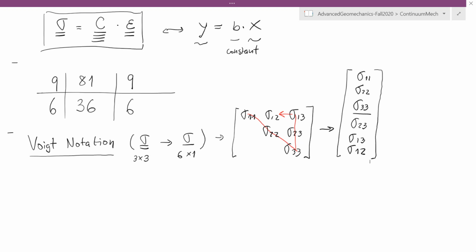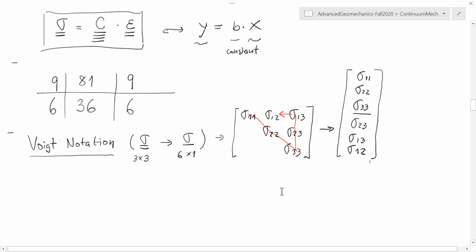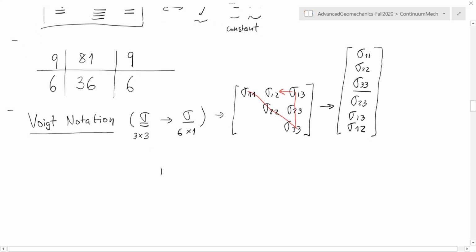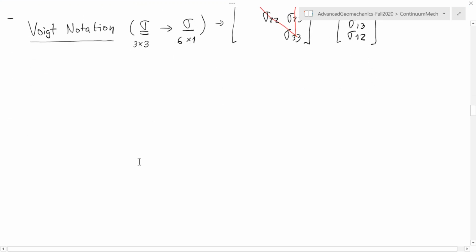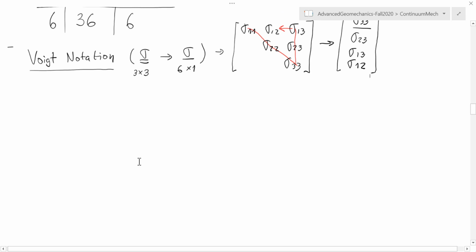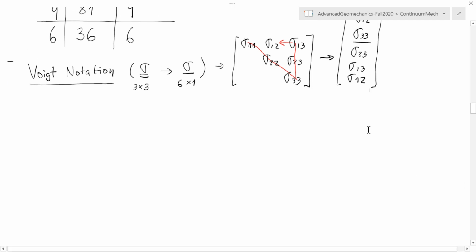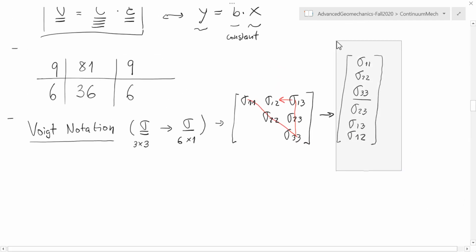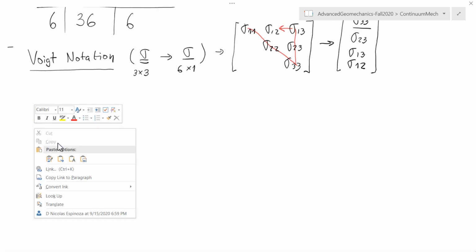We're going to use this notation that I just wrote. All right, so let's write now the stress vector and the strain vector, and let's see what has to be in between in order to hold the relationship between stress and strain. Since I wrote this already, let me just copy it and paste it.